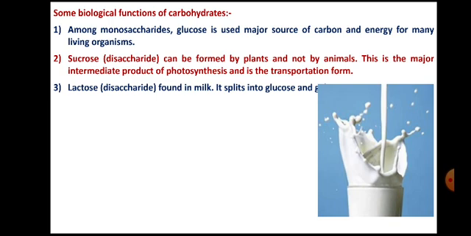Then these are degraded in order to release energy, and the carbon from glucose and galactose is assimilated into several cellular biomolecules. So this is how lactose is also a very important source of carbon and energy.